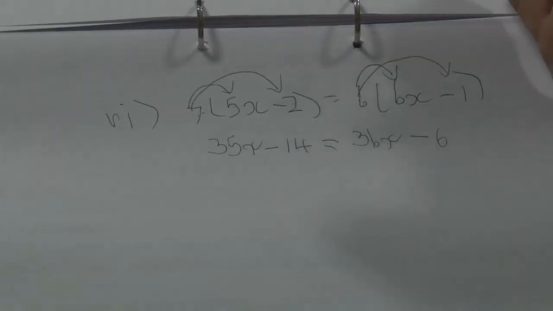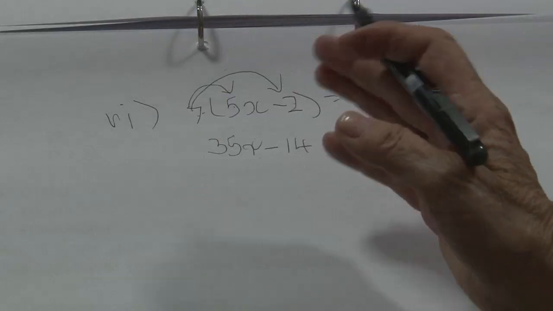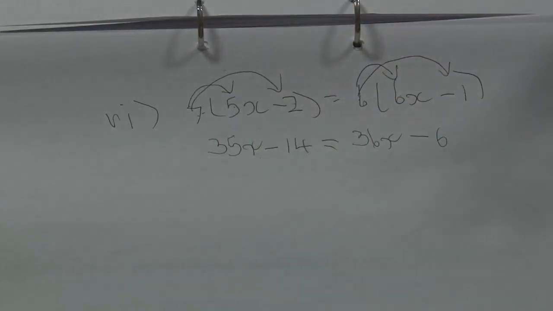I want my unknowns on the left side and my numbers on the right hand side. It can be the other way around, but I prefer to have it left, my unknown, and to the right hand side the number. So 35x minus 36x is equal to minus 6 plus 14.